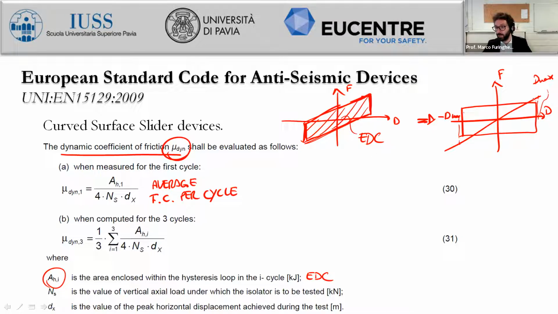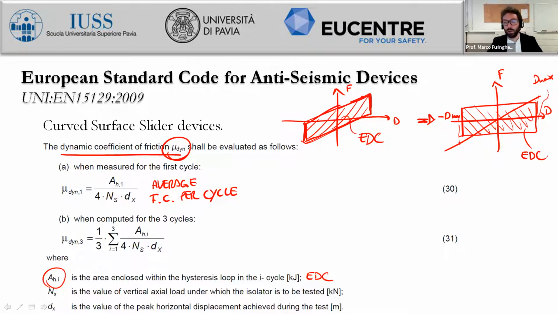But as you see, the integral of this linear behavior, the recentering behavior, since it is linear, since there is no hysteresis, there is no area. So the integral of that contribution is 0. So the area of this rectangular shape is exactly equal to EDC.